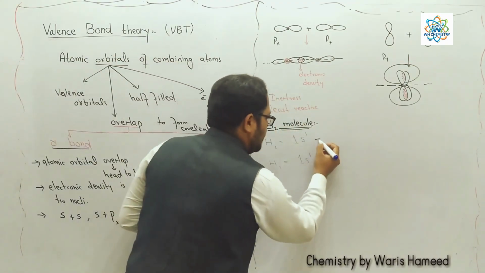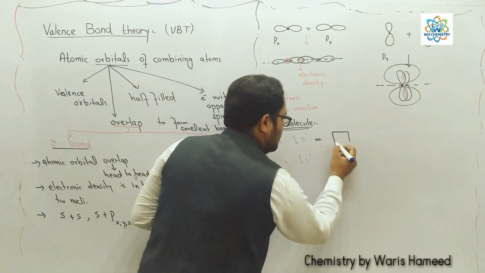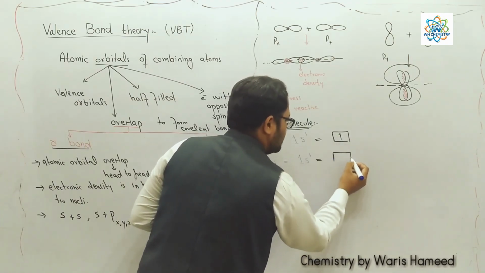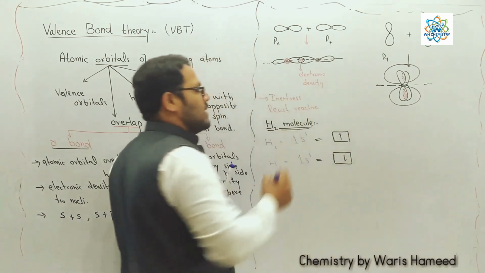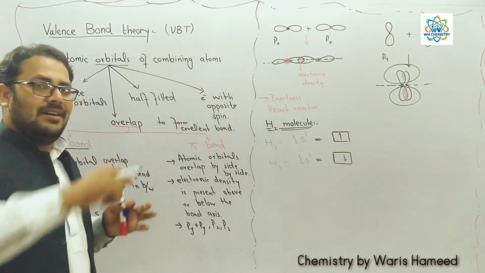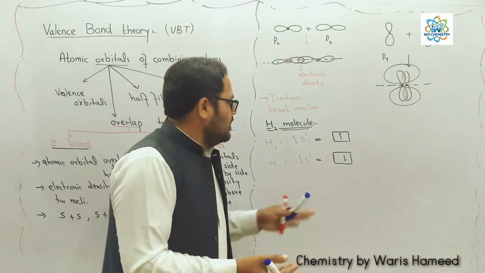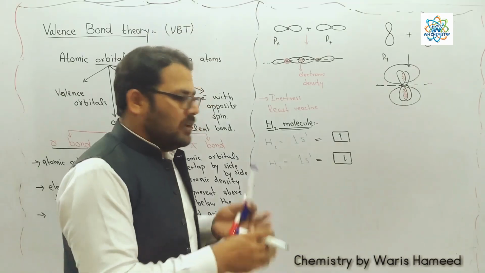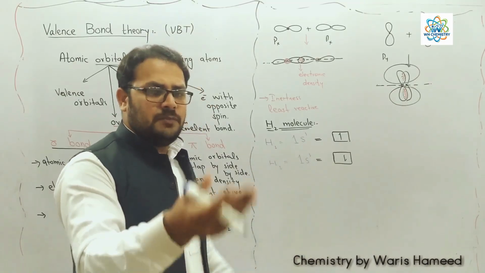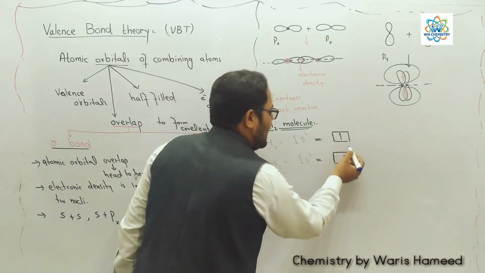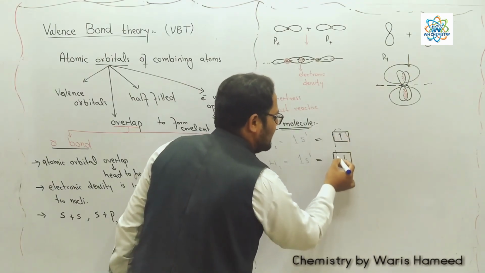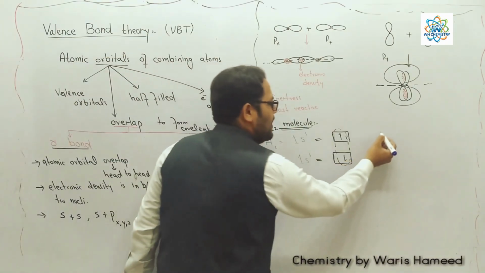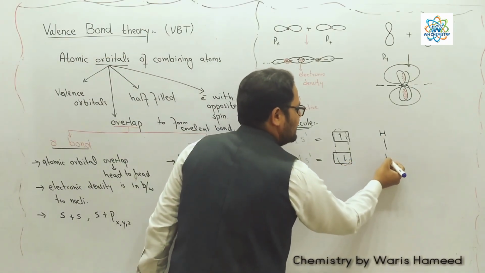It's 1s1, and it's also 1s1. You can see that I have drawn the electrons with opposite spin. One is either clockwise or anti-clockwise. We can write that electron with respect to the other one. Now this s electron will overlap with the second s orbital and form a hydrogen molecule, forming a single bond.